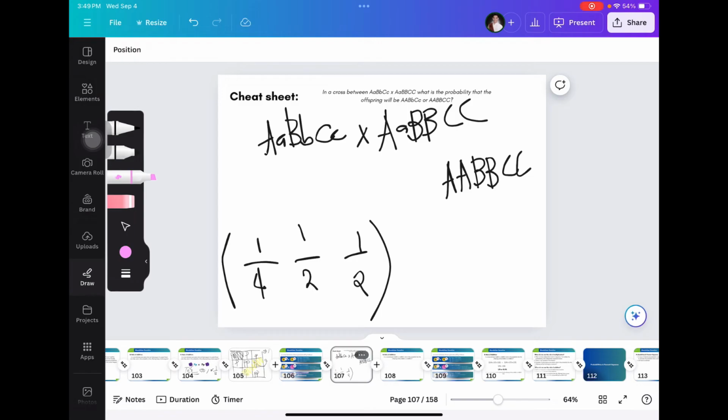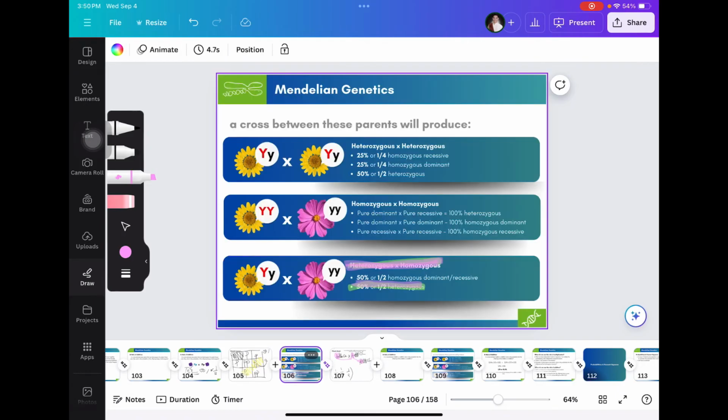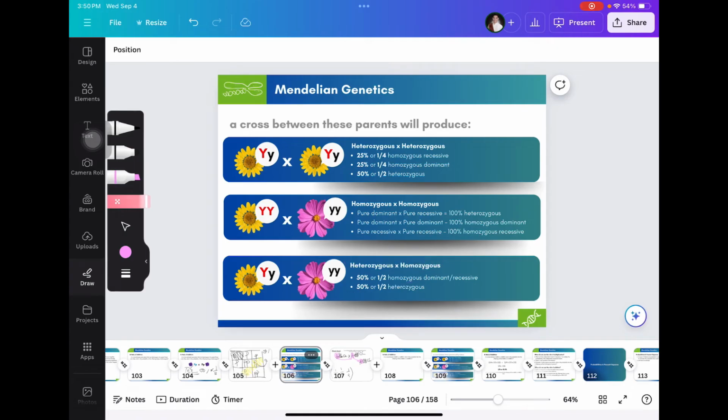Working our way towards these traits, first starting with letter A, multiplied with this one. So what are the odds that they will be producing these traits? Hetero times hetero, and we're looking for homozygous dominant. Going back to our cheat sheets, hetero times hetero, and we're looking for dominant. The answer is 1/4.